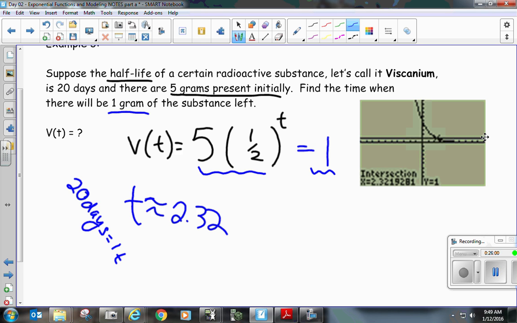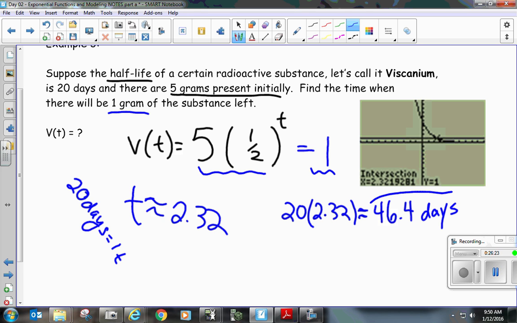What is that in your calculator? 20 times 2.32. 46.4, approximately. So it will take approximately 46.4 what? Days. It'll take 46.4 days to get from 5 grams to 1 gram.